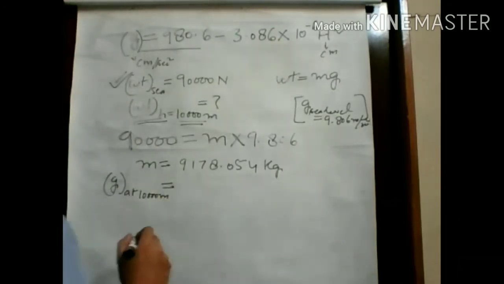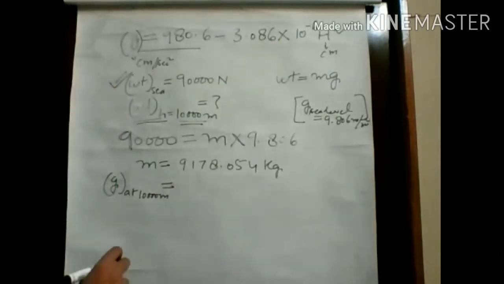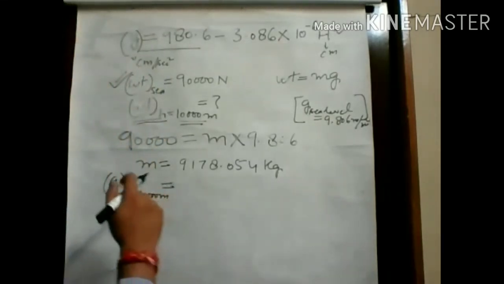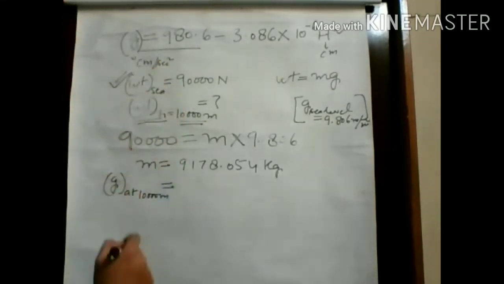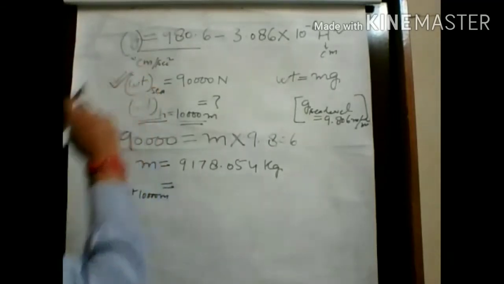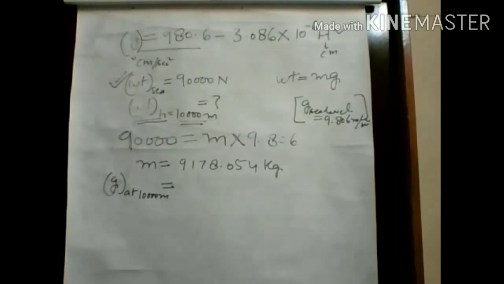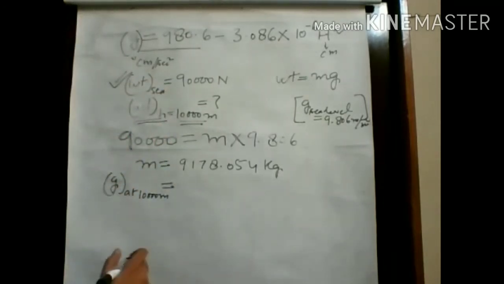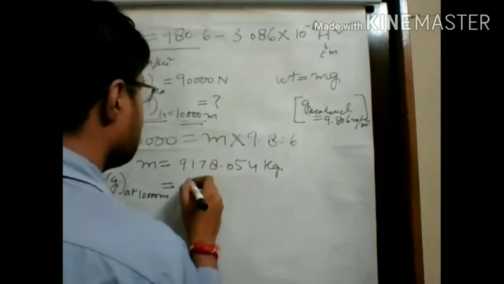Remember always which unit this expression uses. Here the value of g you will get finally will be in centimeter per second square. So remember this.